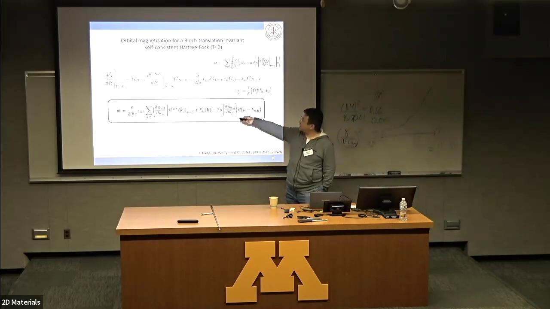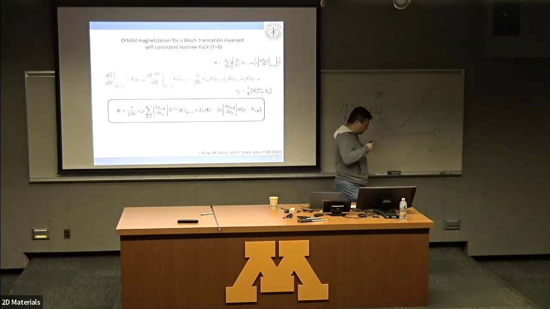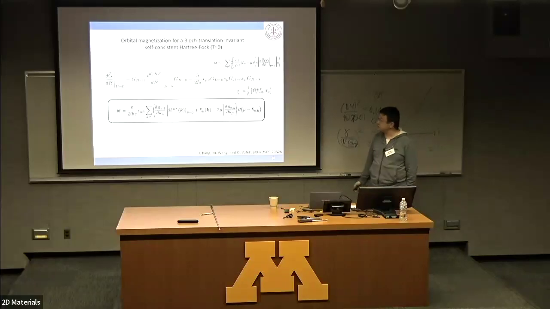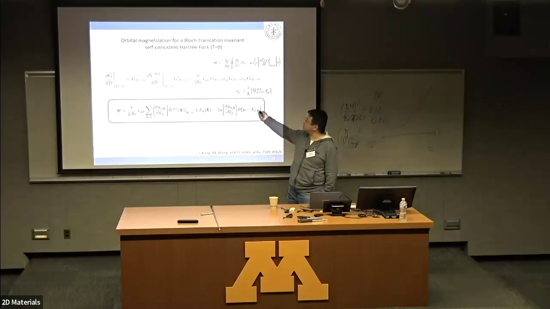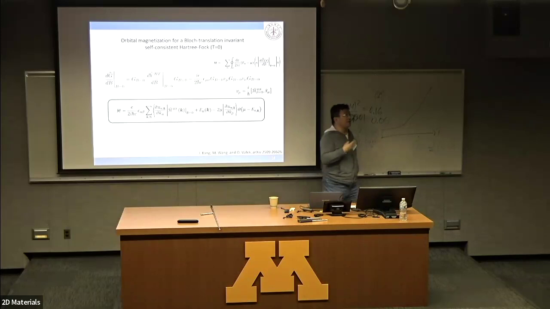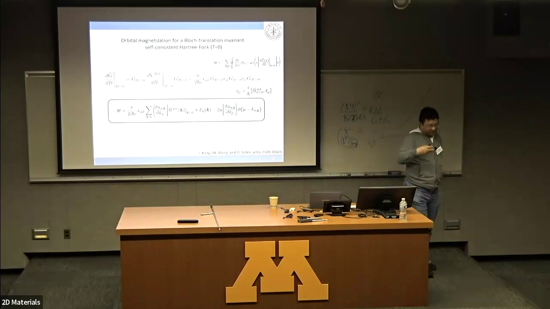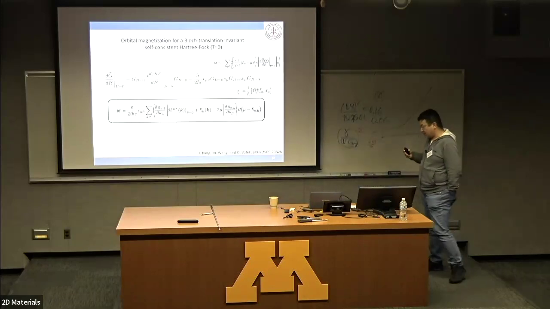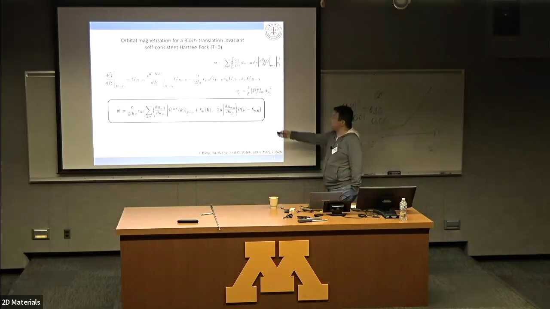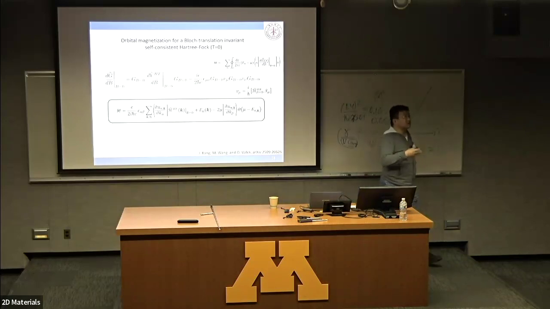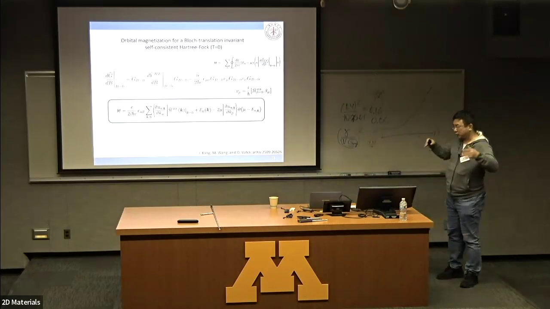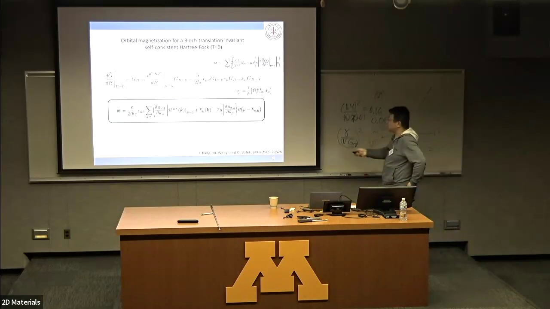As you can see, for the interacting system, if you do the Hartree-Fock approximation, dG tilde over dB contains two terms. The first depends on the dependence of the Hartree-Fock potential with respect to B, and the second just depends on the renormalized band structure, the band structure in the Hartree-Fock approximation.